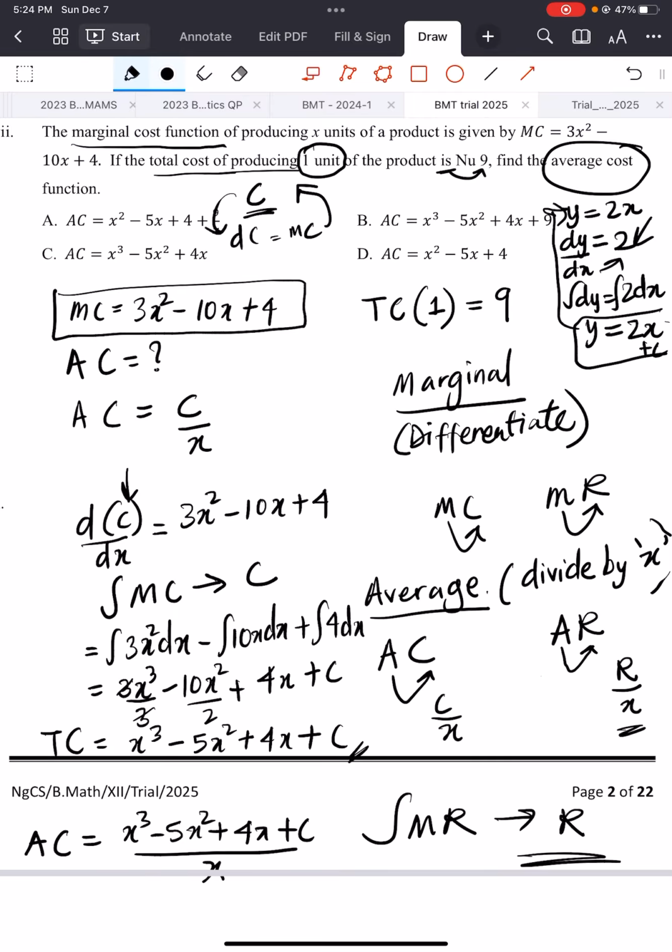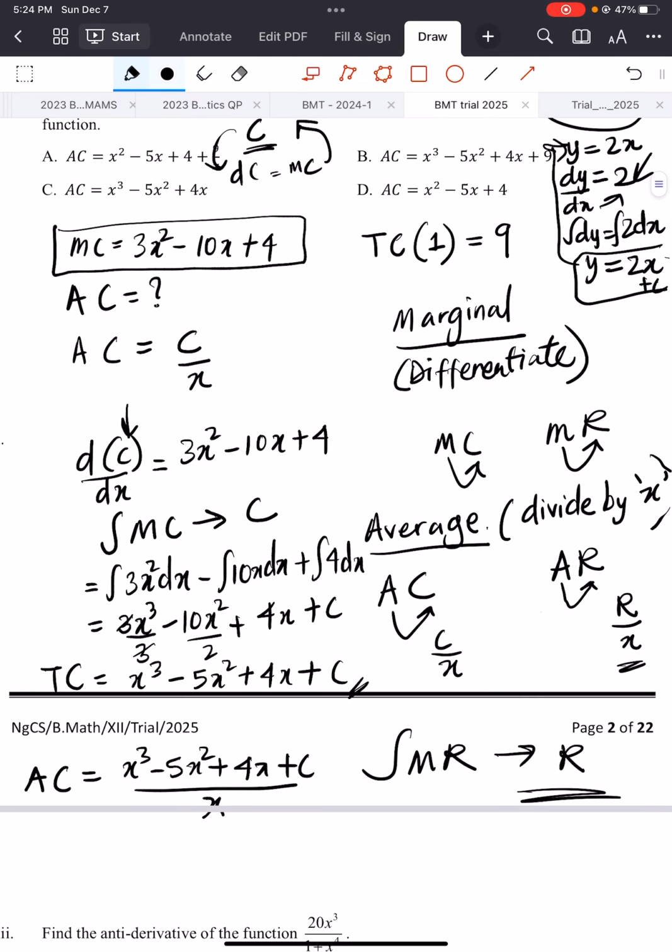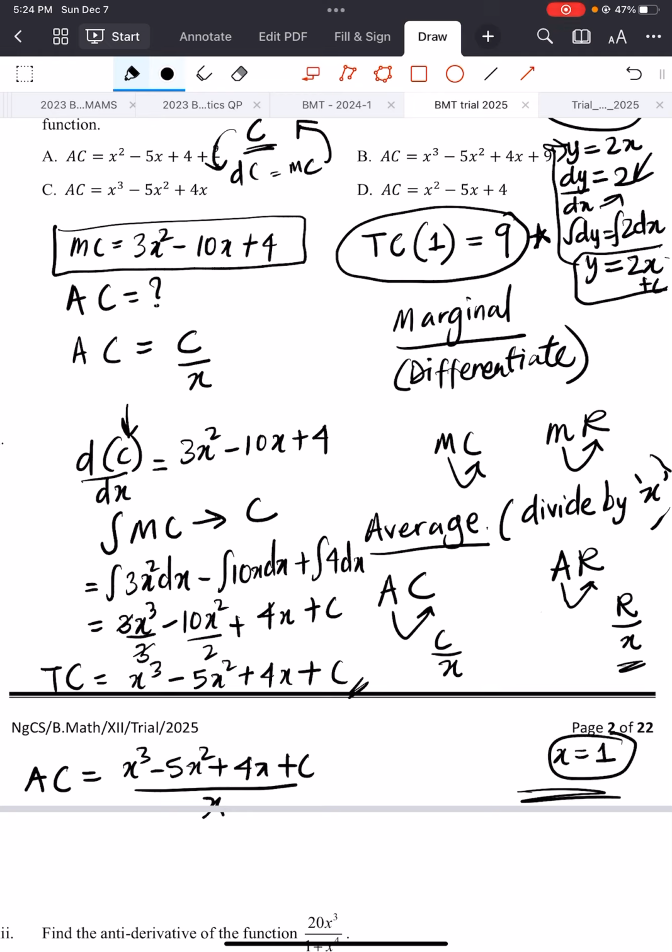Now to complete this, c is a constant. So how do you remove that? There is extra information given: the total cost of 1 unit. Quantity is represented by x, so the value of x is 1. So in the total cost function you can put the value of x as 1, and plus c, you are going to get 9.